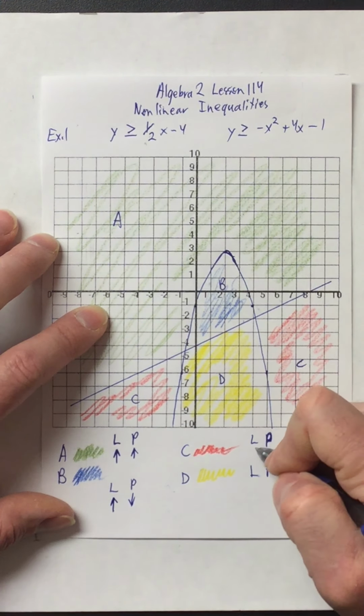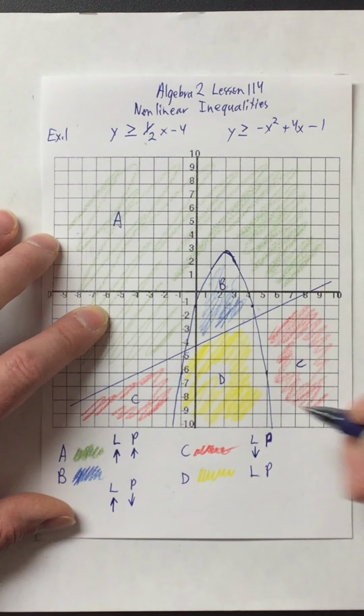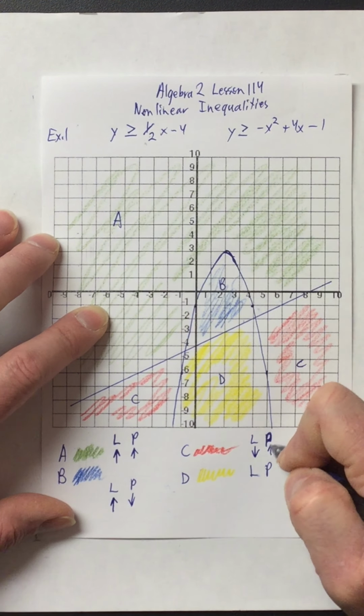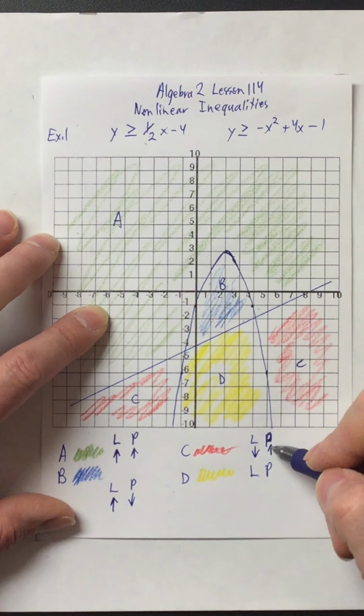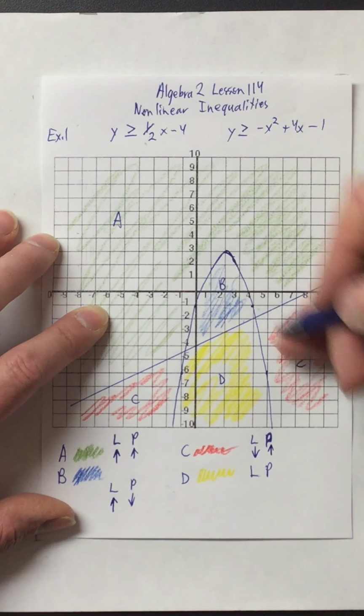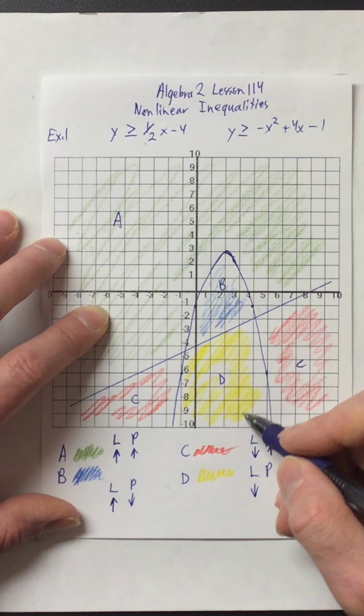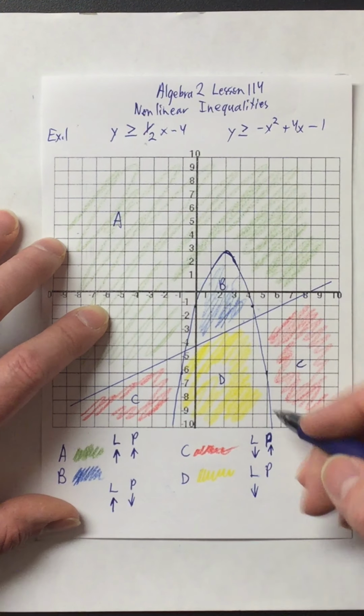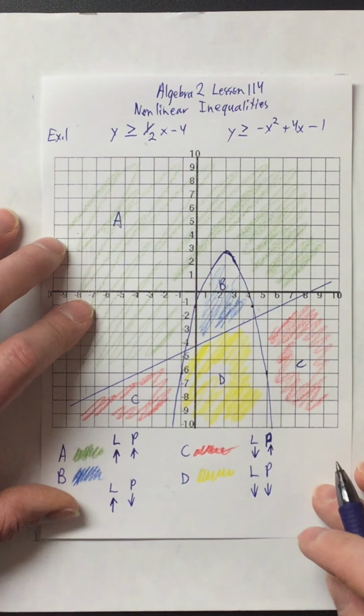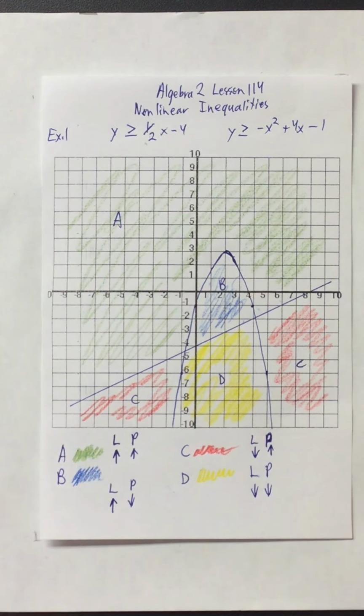Section C is below the linear line, and on the outside, or on top of the parabola, because the parabola keeps opening down, so it keeps going this way. And then the yellow is below our linear line, but also below the parabola. So you can see our 4 different options between the two.